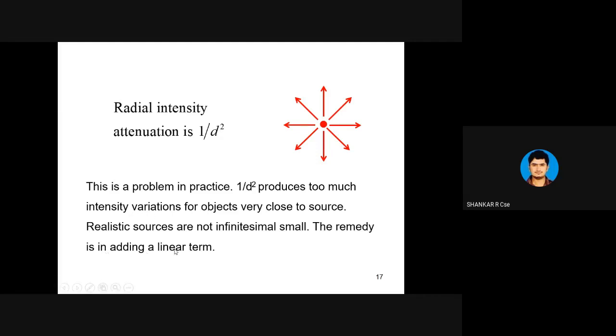That is why we are adding linear terms. The remedy is linear terms. That is a naught plus a1d to the power of 1, a2d square plus a3d cube plus a4d to the power of 4. So the more light sources you have, you can just keep on adding linear terms to the denominator. Yes.